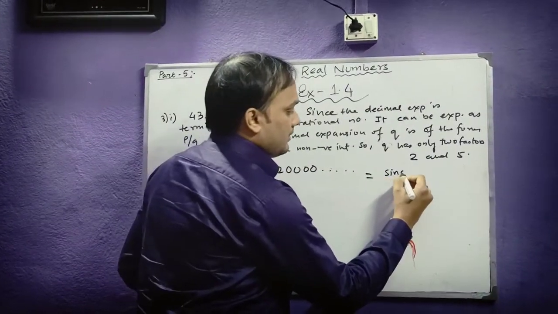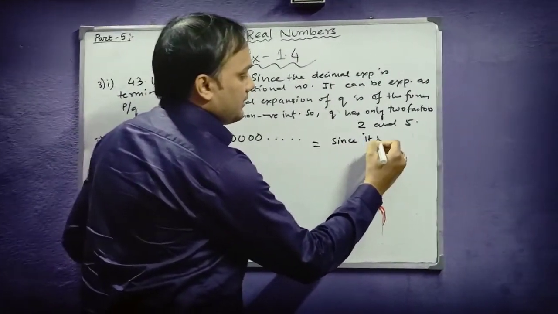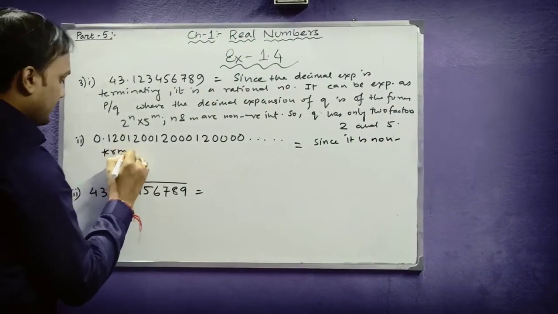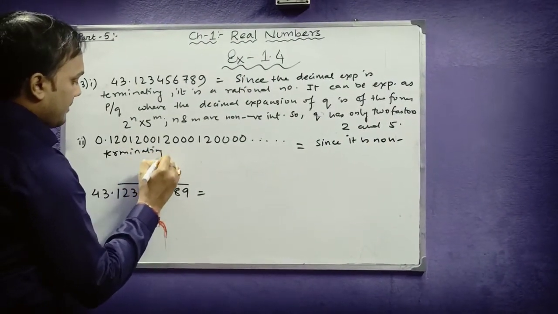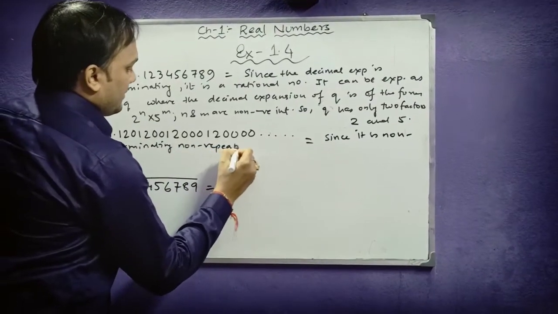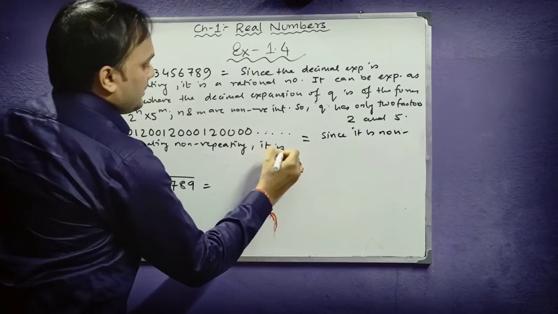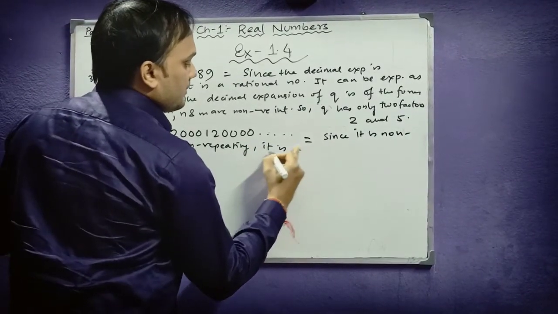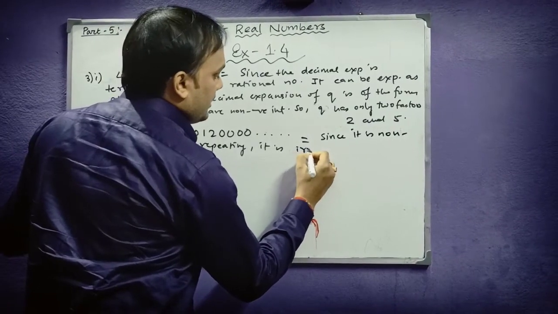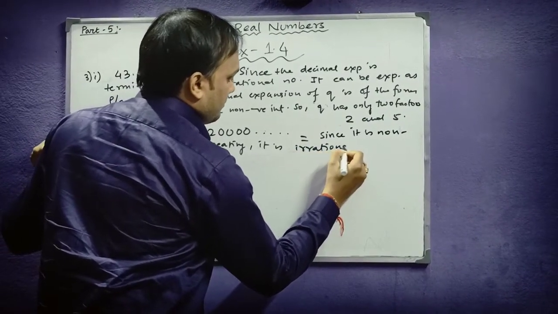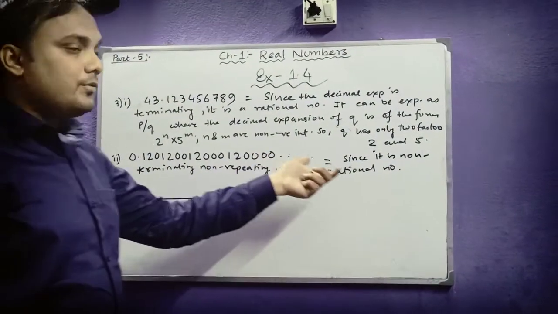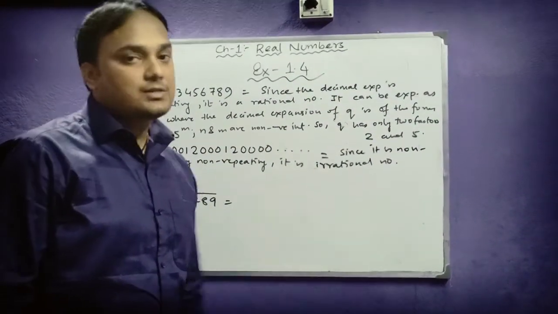Since it is non-terminating, non-repeating, it is an irrational number. It is not a rational number, it is an irrational number. In this case, we don't have to judge anything about the factors of Q.